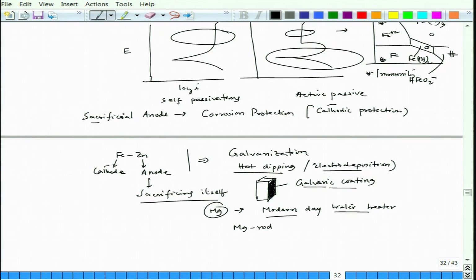On top of the geyser you will find 3 holes, and there those magnesium rods are dipped in the hot water. Those magnesium rods corrode and protect the iron surface. So, magnesium is also a very good sacrificial anode. In a similar way, aluminum is also used as a sacrificial anode.